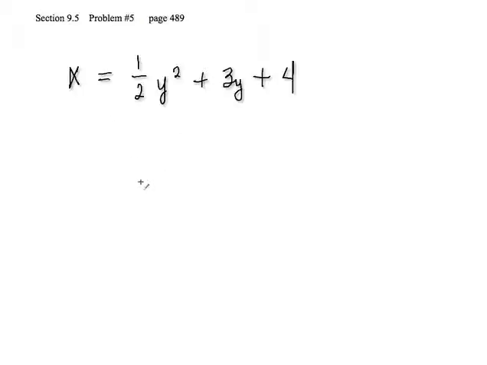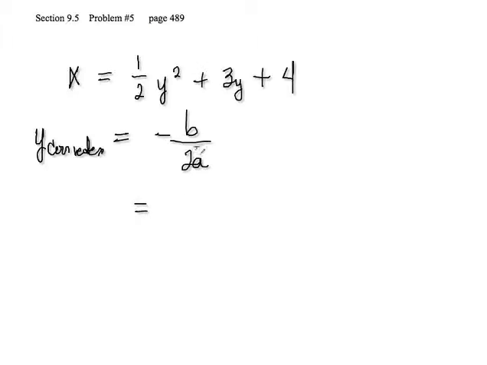All right, so what I'm going to do is find the x coordinate of the vertex and the y coordinate of the vertex. I'll start by finding the y coordinate of the vertex. The y coordinate of the vertex is going to be the opposite of b over 2a.